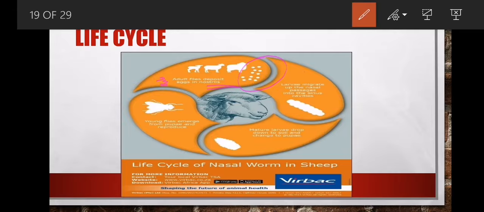Then the eggs will hatch to form what? A larva. Then the larva will go through the sinus cavities or the nasal cavities, those passages. What will happen is that the animal will then sneeze. When the animal sneezes, it will sneeze what? Pupa.